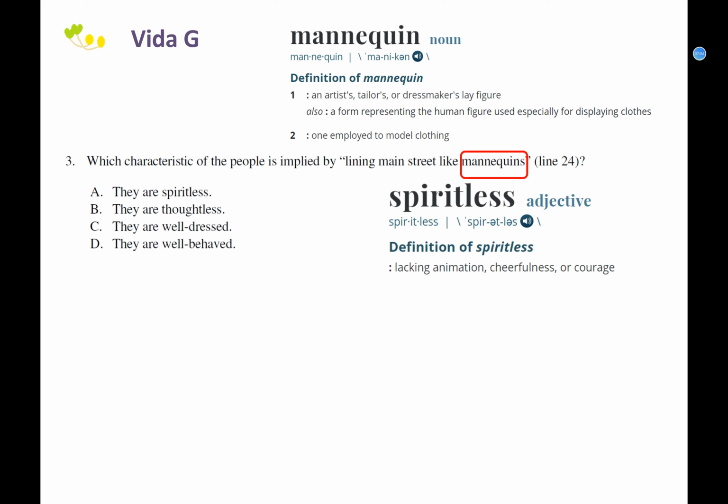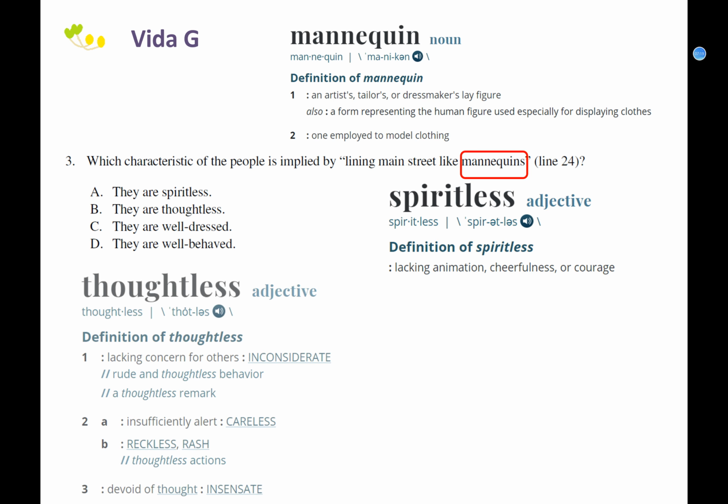So let's check the meaning of each word in the choices. Spiritless means lacking animation, cheerfulness, or courage. Yeah, that's correct. And thoughtless. A lay figure cannot be inconsiderate nor careless. So this is incorrect. Make sure to check the English meaning of each word.